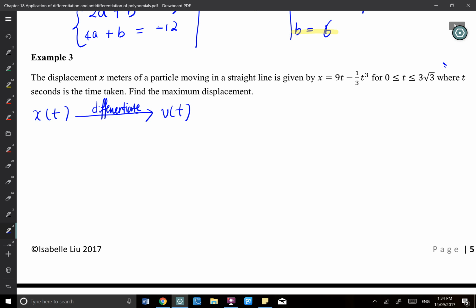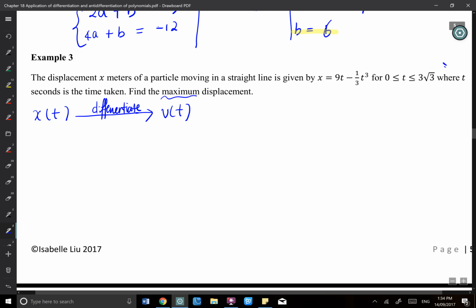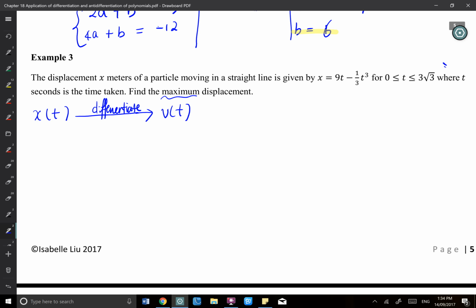The displacement x meters is given by that function from 0 to 3 root 3, where t in seconds is the time taken. Find the maximum displacement. Anytime you see a question asking for maximum or minimum, you solve it by making the derivative equal to 0. This is the typical type.